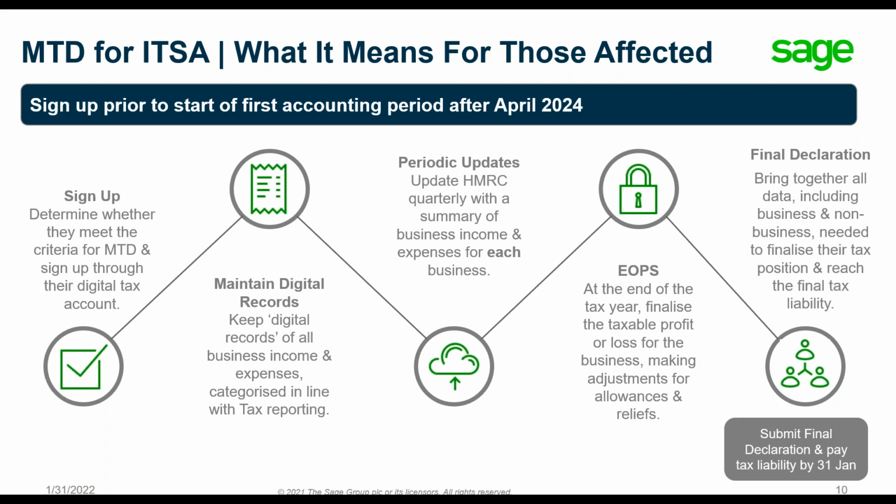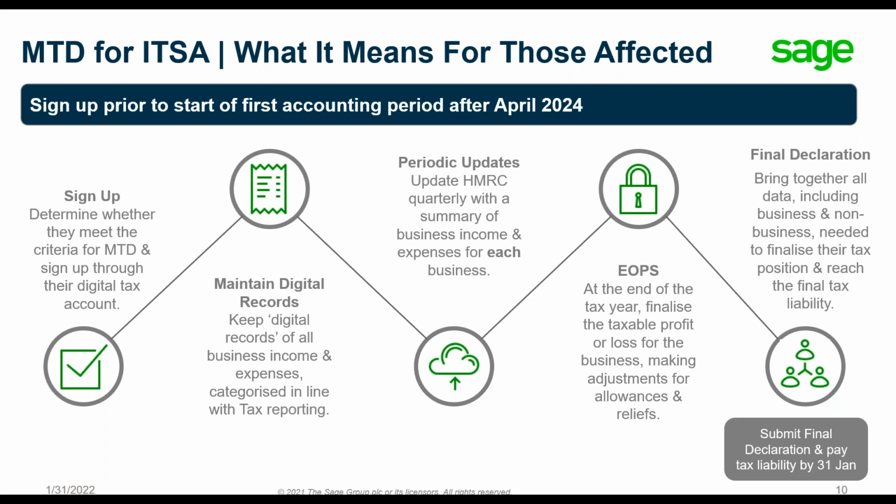So at the end of the tax year, the taxpayer will need to submit an EOPS, which is an end of period statement, to finalise the taxable profit from any one source of business income. In addition to these updates for business profits, the taxpayer still has to submit a final declaration, which effectively replaces the SA 100 tax return.